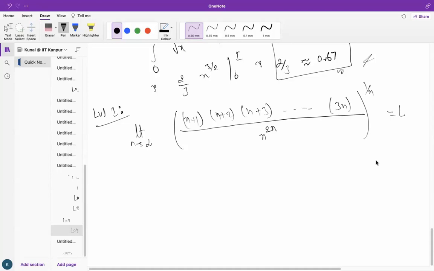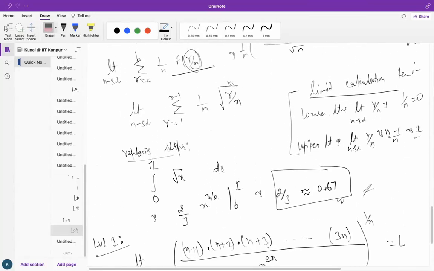These terms are written in product form. It's not written like n plus 1 plus n plus 2. But what we actually learn today is the definite integral as a limit of a sum.